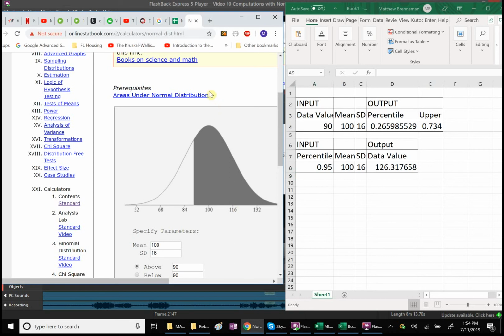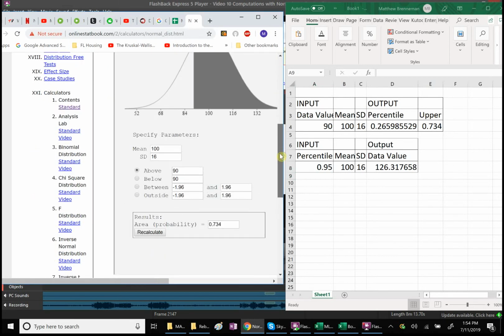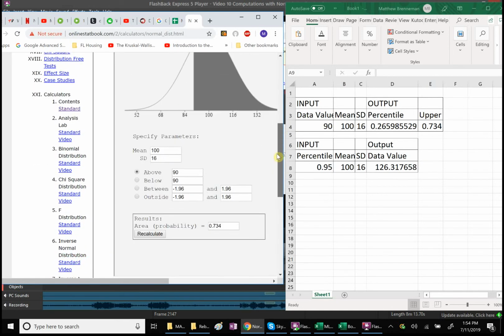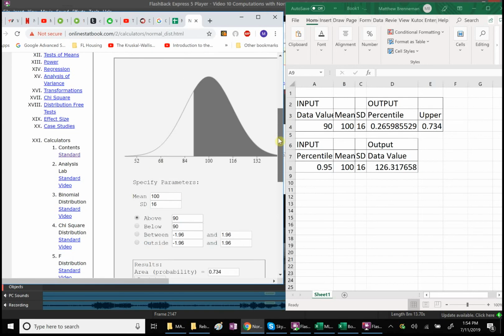All right. Let's see if I can do this calculation here. Does it let me do this? Let me see. I don't think I can work backwards here. Unfortunately, I can only compute percentiles. I can't get data values corresponding to certain percentiles.